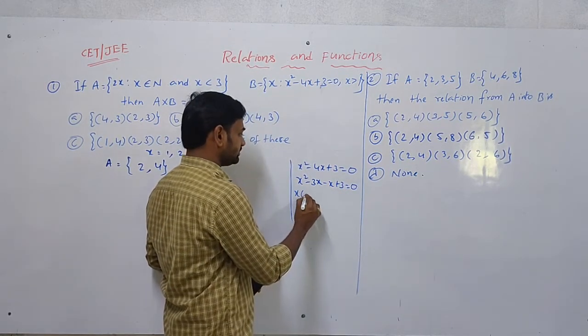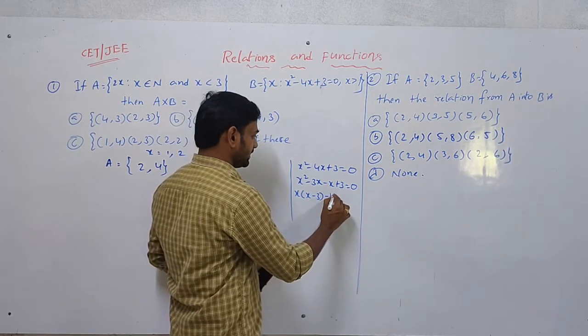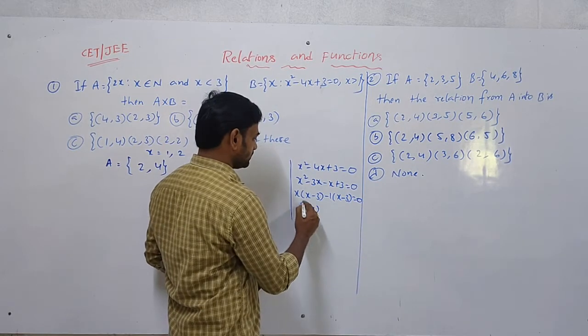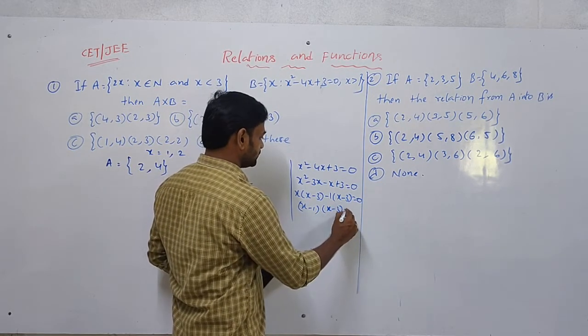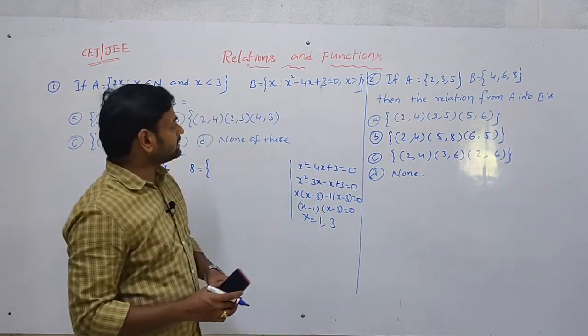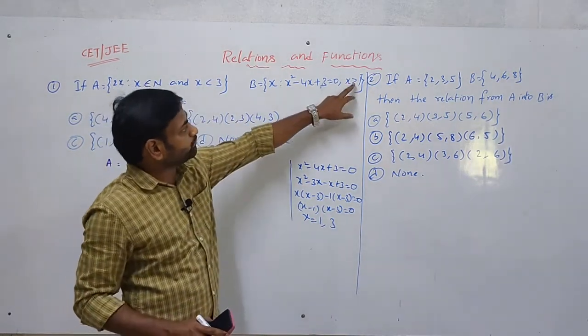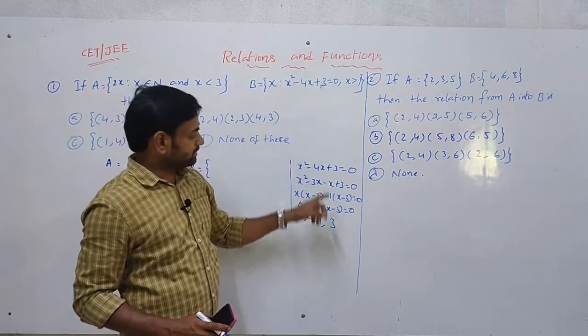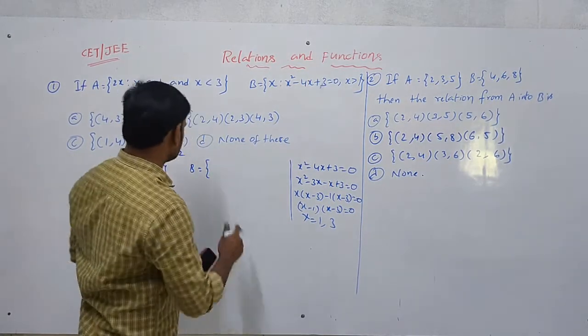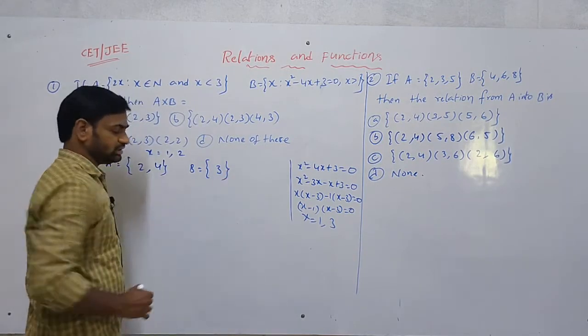So x is common: x(x minus 3), minus 1 is common: minus 1(x minus 3) equals 0. So (x minus 1)(x minus 3) equals 0. x is 1, 3. But here, what is said? The x value is above 1. Above 1 means which one do you take? 3 only, not the 1. So in B, there is the element 3.